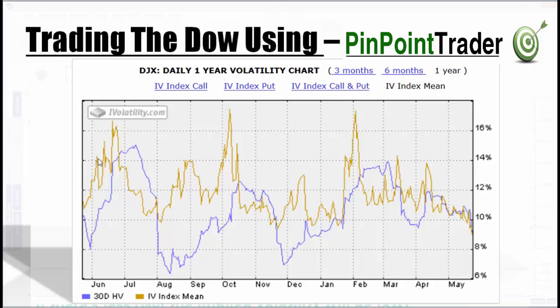If we look at the mustard colored line, that's the implied volatility, and it shows you this at the bottom, and this is the one that indicates whether the underlying options are cheap or expensive. So where you can see these spikes, the options in this market have become expensive, which means of course that the Dow Jones must have been falling at the time, because the risk in the stock market, for anybody who trades the stock market, they are generally buyers of the market.